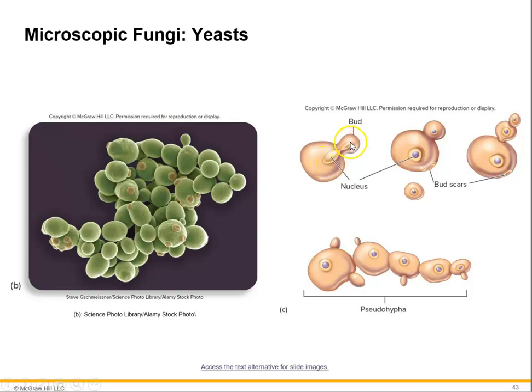So you're getting some DNA in each part. The bud over here, which is starting to bud off, and the original yeast cell. And then you're going to have the bud attached. And if the next bud remains attached, and so on and so forth, you get this chain of yeast cells called pseudohyphae.